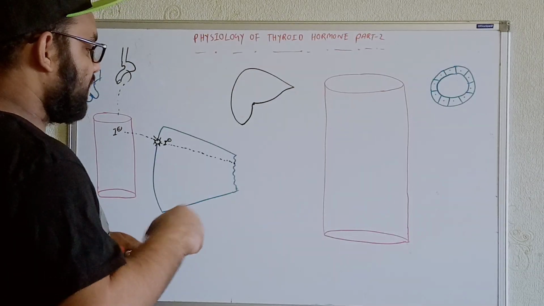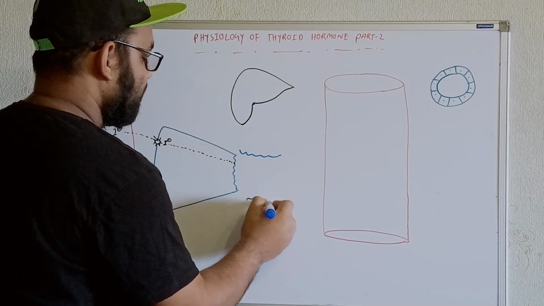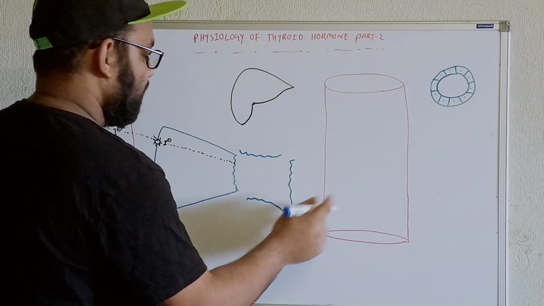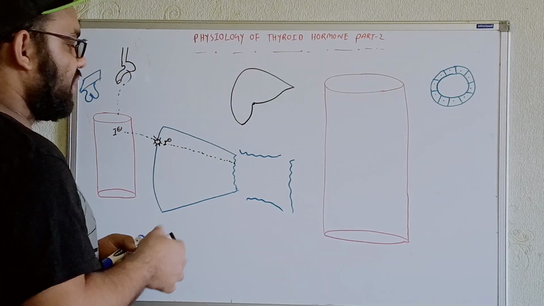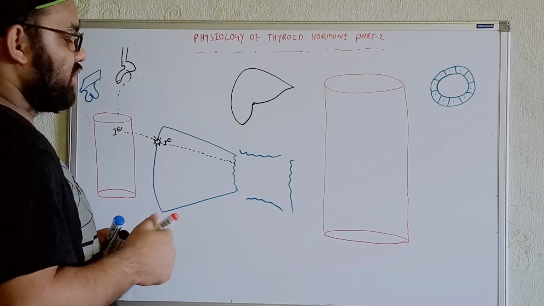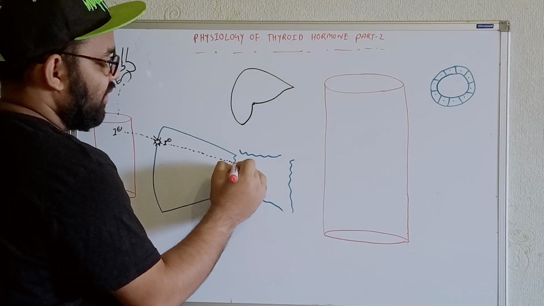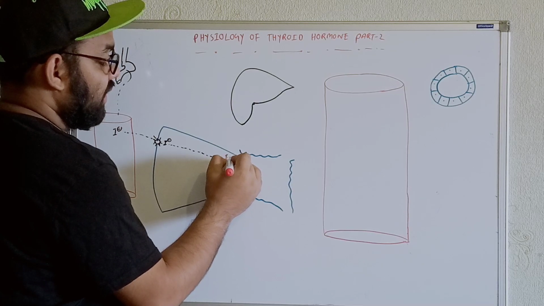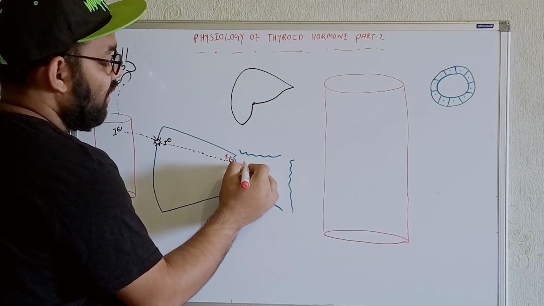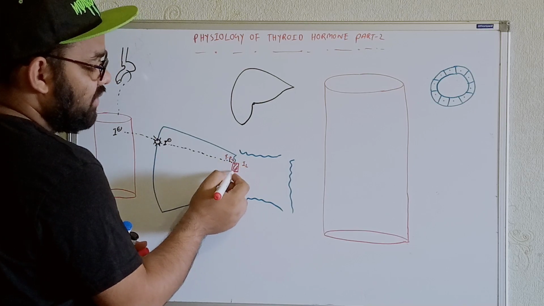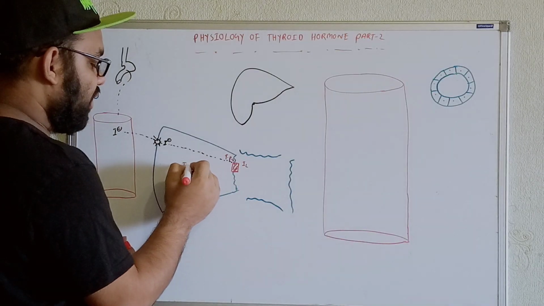To understand, in the first video I already explained that we will get a lumen over here. From each cell, we will get the production of what? Iodide. And there is an enzyme present that is known as thyroid peroxidase. The thyroid peroxidase enzyme will convert this iodide into iodine, and by the action of this enzyme we will also get the production of thyroglobulin protein in the follicular cells.